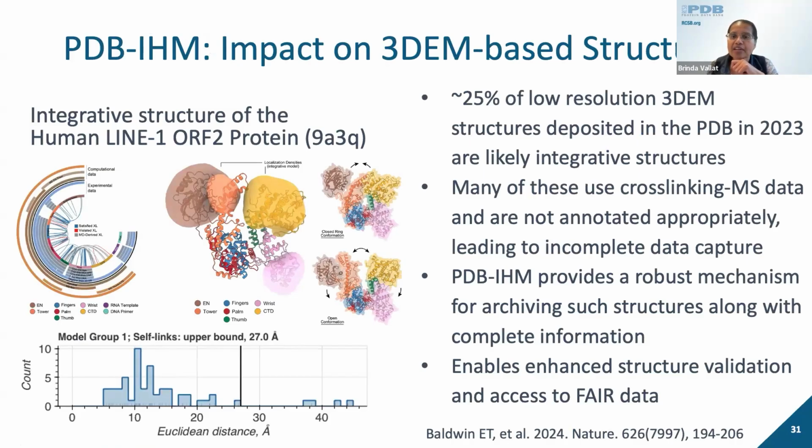So PDB-IHM provides a robust method for archiving these structures and making this data findable, accessible, interoperable, and reusable. And we are also able to do enhanced structure validation if these structures are annotated and deposited through the PDB-IHM mechanism.